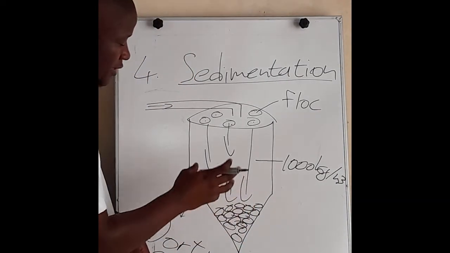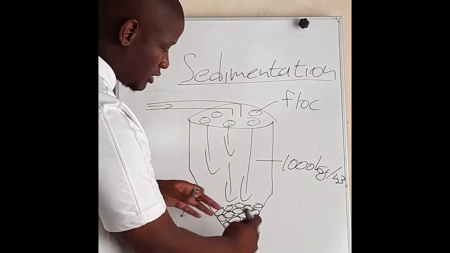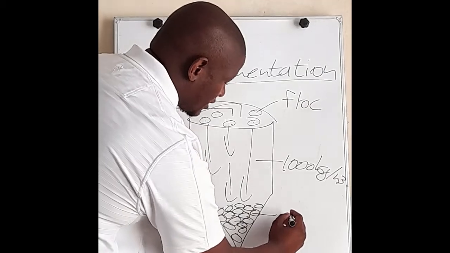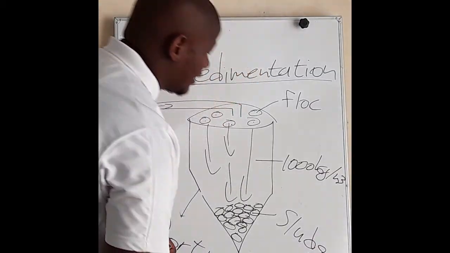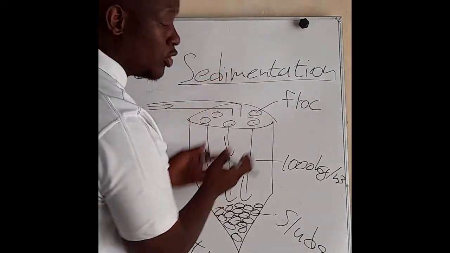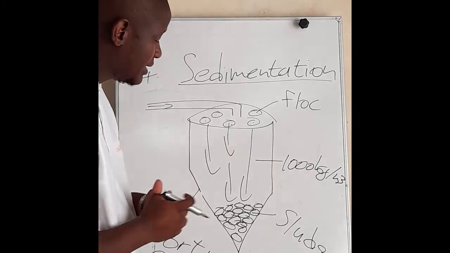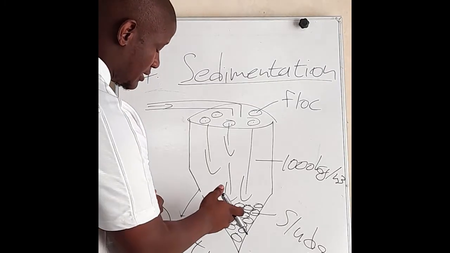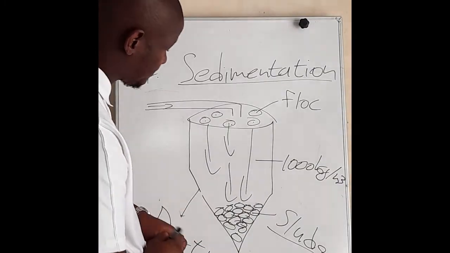By having those flocs settle to the bottom, they are now known as your sludge. That is sludge. It's basically a whole lot of flocs that came together, and you have that muddy type of solid that's there, known as your sludge.